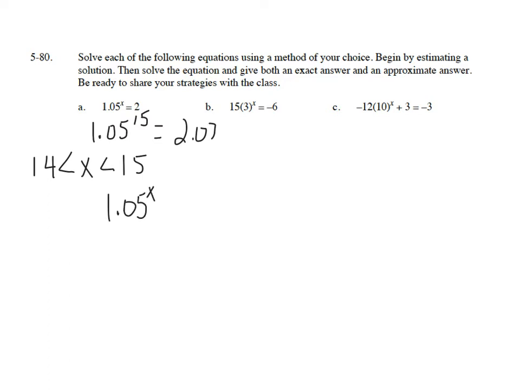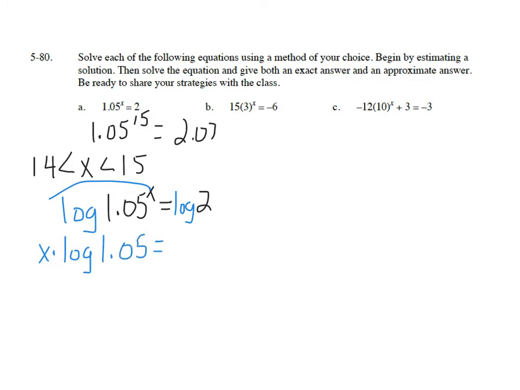1.05 to the x equaling 2. Now I'm going to take the log of both sides. That's going to pull that exponent out in front. And then I'm going to divide both sides by the log of 1.05.